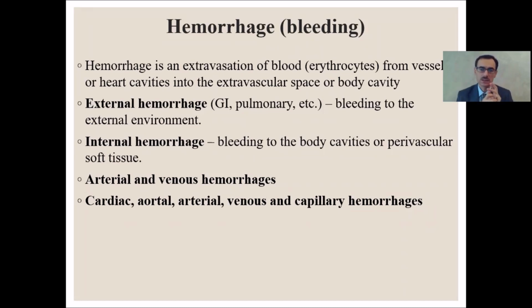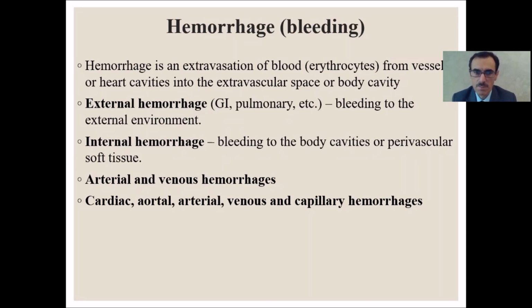We call them external hemorrhage and internal hemorrhage. External hemorrhage means bleeding to the external environment, such as from the gastrointestinal tract. For example, if the patient has a chronic gastric ulcer, to which group can we add the bleeding from the gastric ulcer?